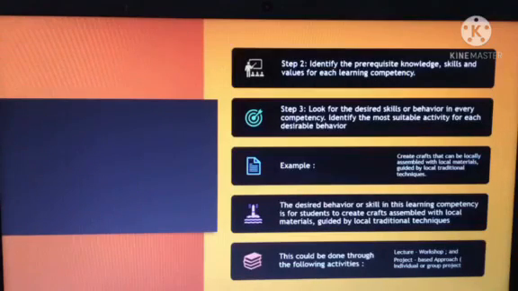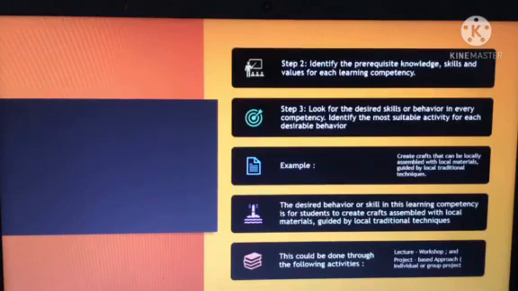For step 2, it identifies the prerequisite knowledge, skills, and values for each learning competency. Step 3, look for the desired skills or behavior in every competency. Identify the most suitable activity for each desirable behavior. For example, create crafts that can be locally assembled with local materials, guided by local traditional techniques.